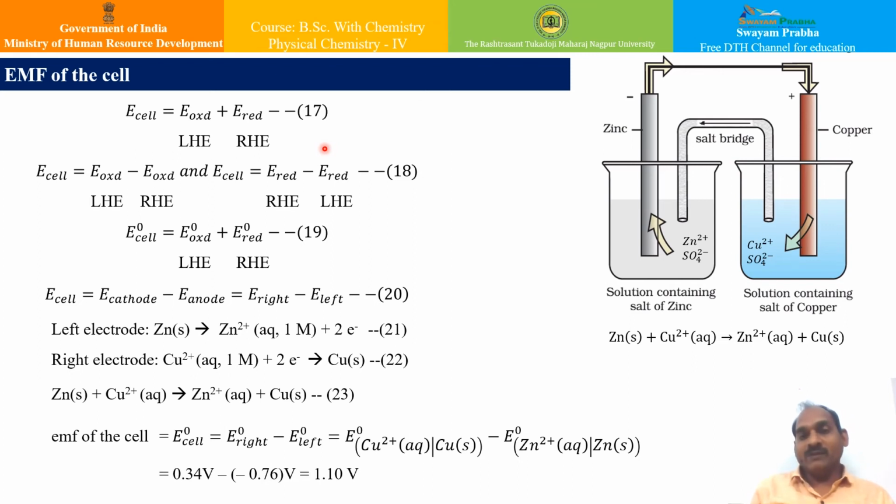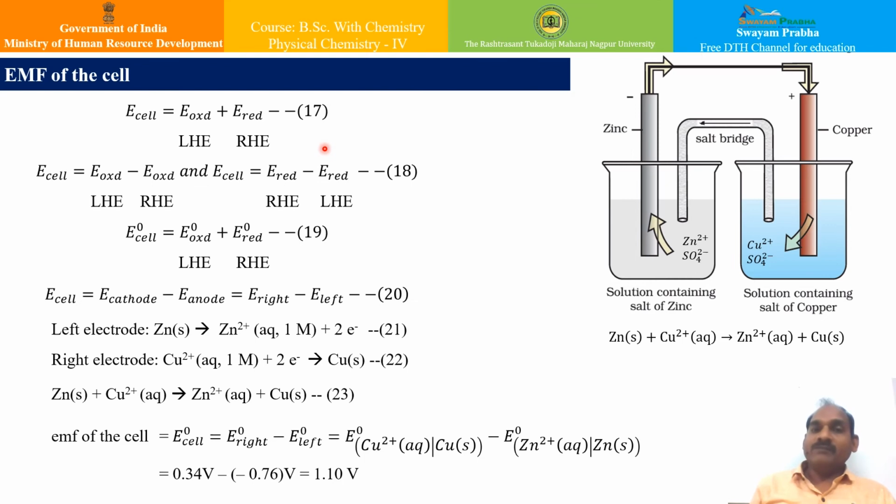Say for example, if the oxidation potential of a redox couple is 0.5 volt, then its reduction potential is minus 0.5 volt, because the oxidation potential is 0.5, so the reduction potential is minus 0.5, and these values are measured with respect to the normal hydrogen electrode. Okay, we will see in the course of time what these hydrogen electrodes are.